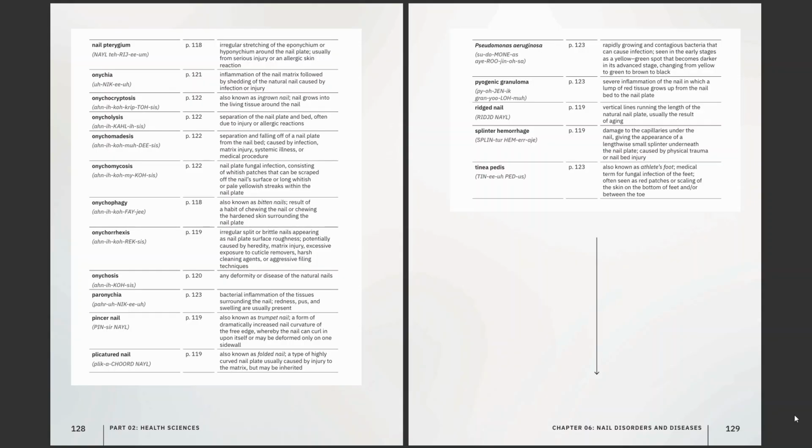Onychia: inflammation of the nail matrix followed by shedding of the natural nail caused by infection or injury. Onychocryptosis, also known as an ingrown nail: nail grows into the living tissue around the nail.